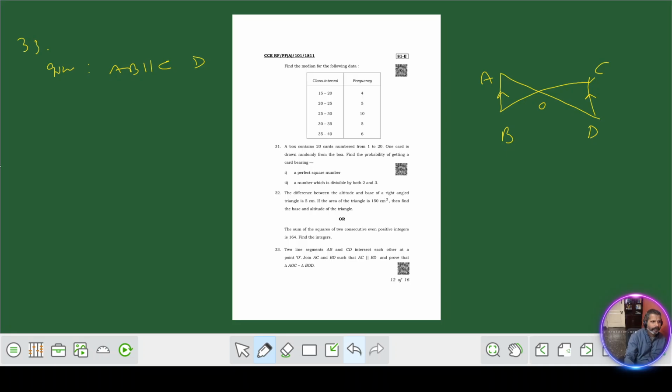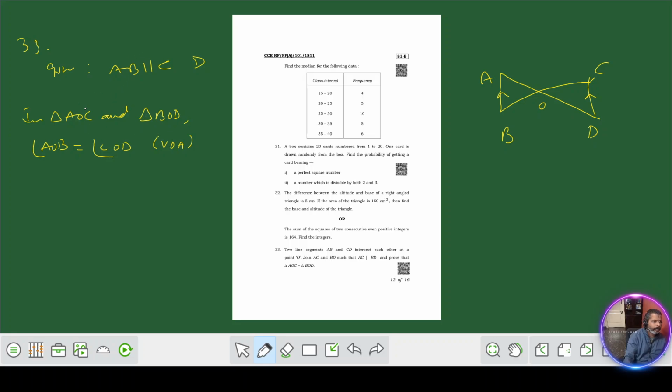In triangles AOB and COD, I wrote AOC wrong, here I will correct it.